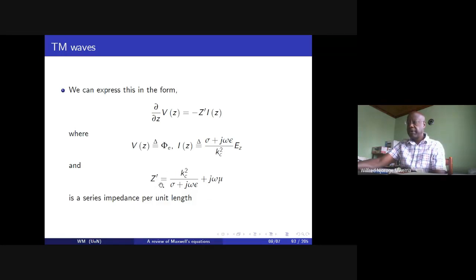And Z prime is going to be given by kc squared over (sigma plus j omega epsilon) plus j omega mu. This is a series impedance per unit length.